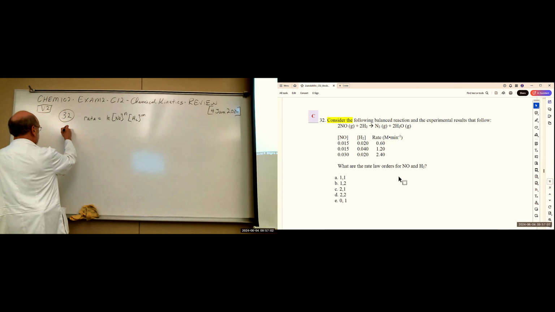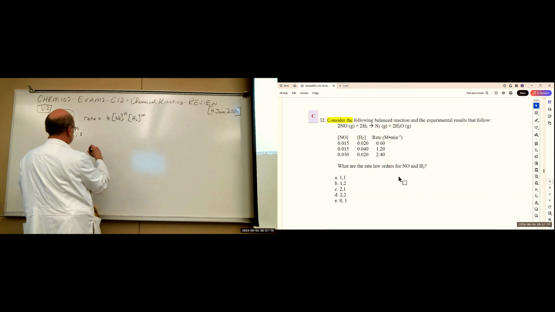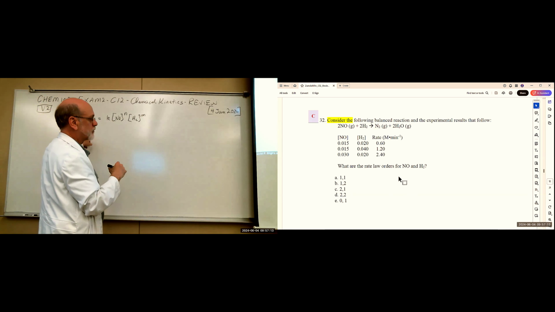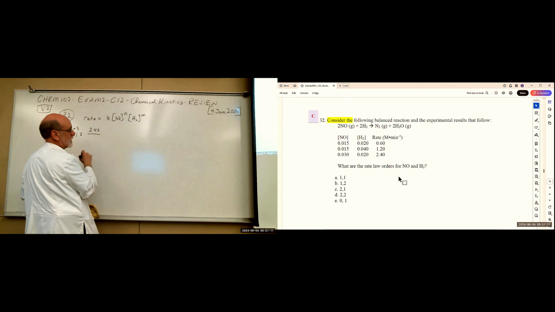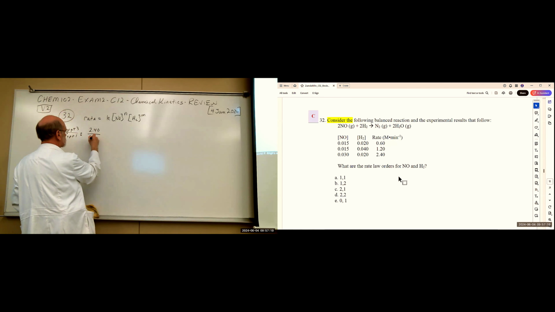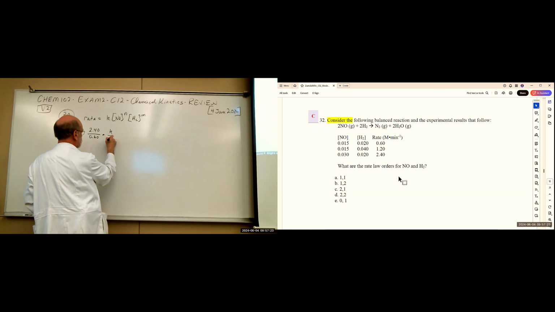Right. So experiment 3, ratio to experiment 1 equals, the rate for 3 is 2.4. And the experiment 1 is 0.6. That's equal to the K divided by the K.